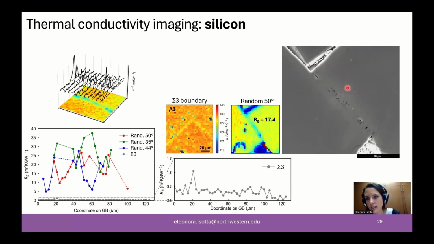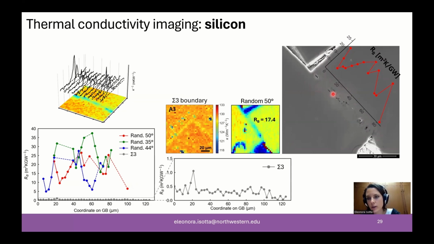And in fact, the porosity, of course, localizes at the boundary. If we plot the value of excess resistance as a function of coordinate along the boundary, we see that where we have pores, the resistance spikes up. So porosity is definitely part of the reason why we see such a large fluctuation in resistance.